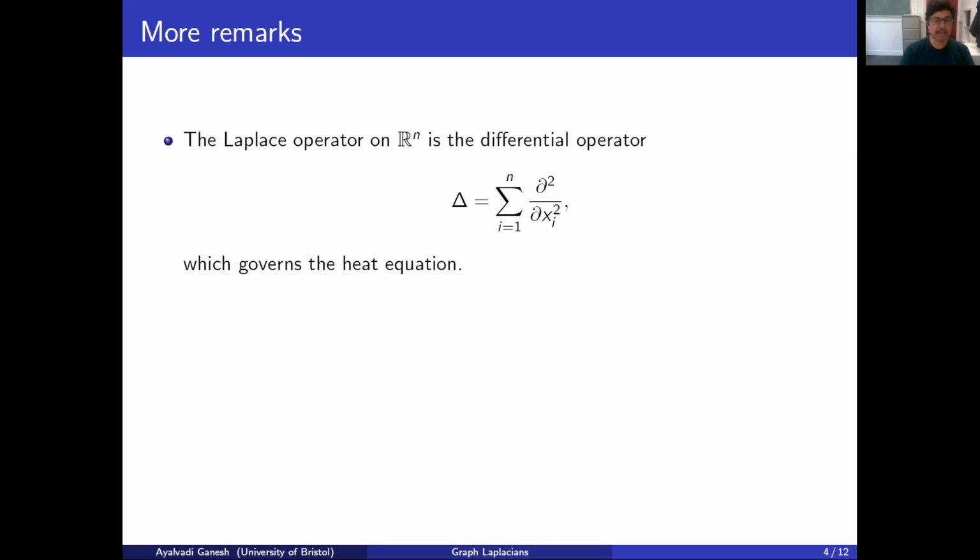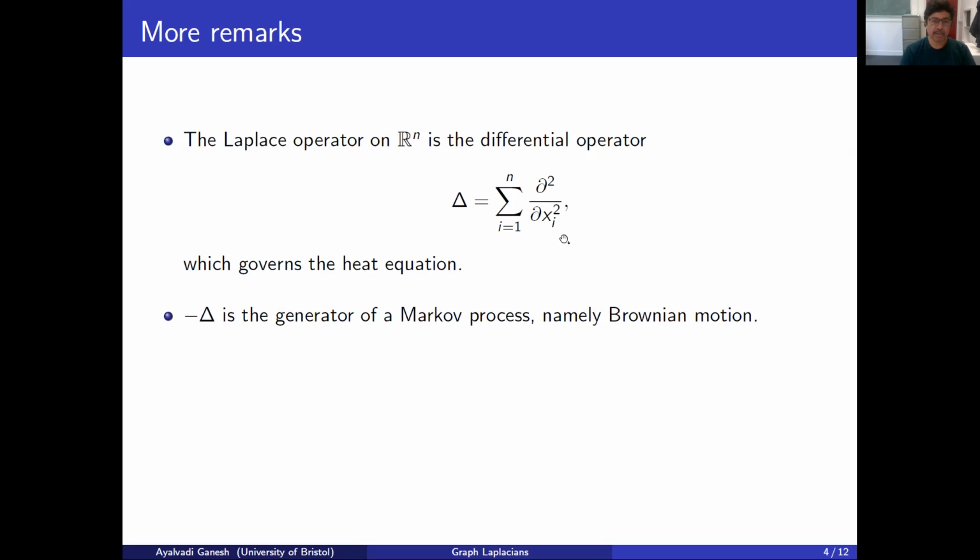You may have come across Laplacians in another context, in studying differential equations. If you looked at the heat equation in physics, it is governed by a differential operator of this form on R^n, the sum of the second partial derivatives. This is called the Laplace operator. So what's the connection of this operator with the Laplacian matrix of a graph?